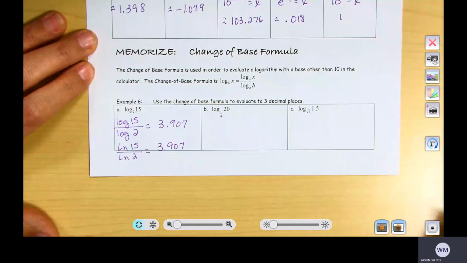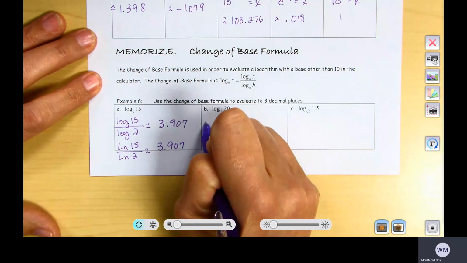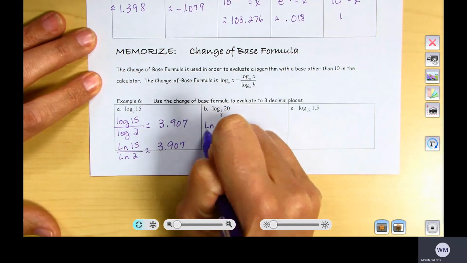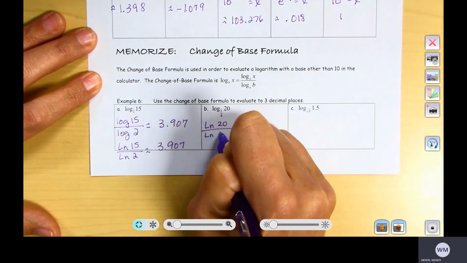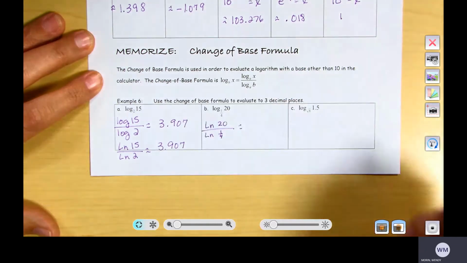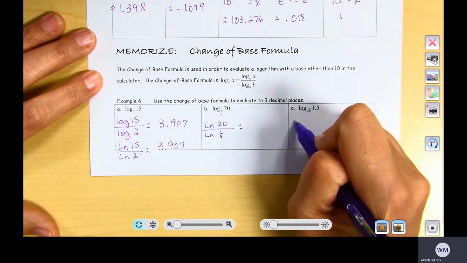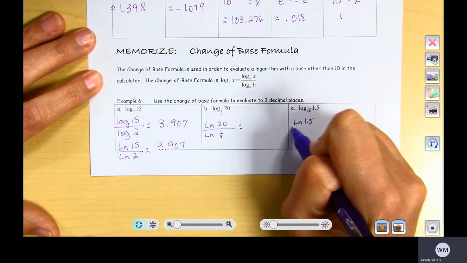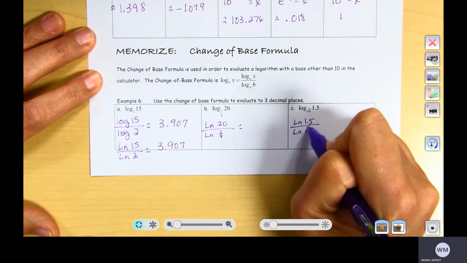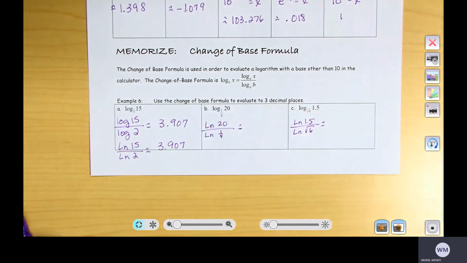So when we do the next one, again, it's log of 20 divided by log of 1/4. I'm going to use natural log just because it's one less letter to write, not that it's any better. Right? And then what would this one be? Natural log of 1.5 divided by the natural log of the square root of 6. That's using the change of base formula.